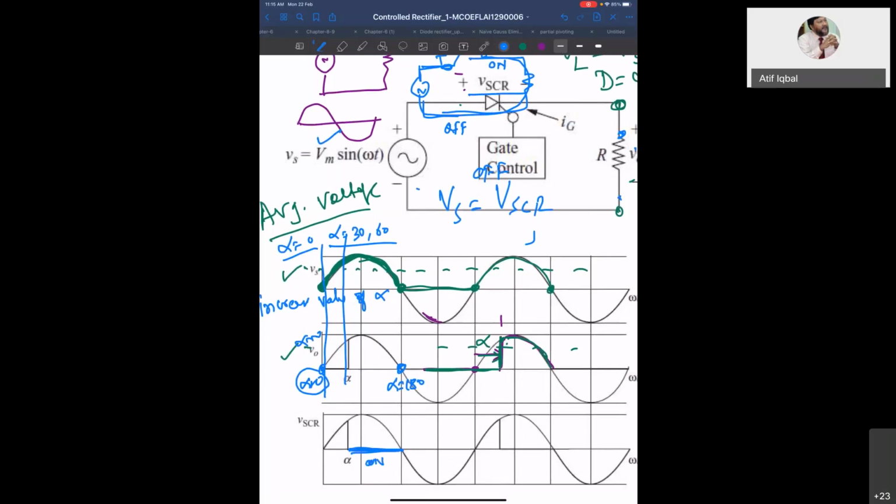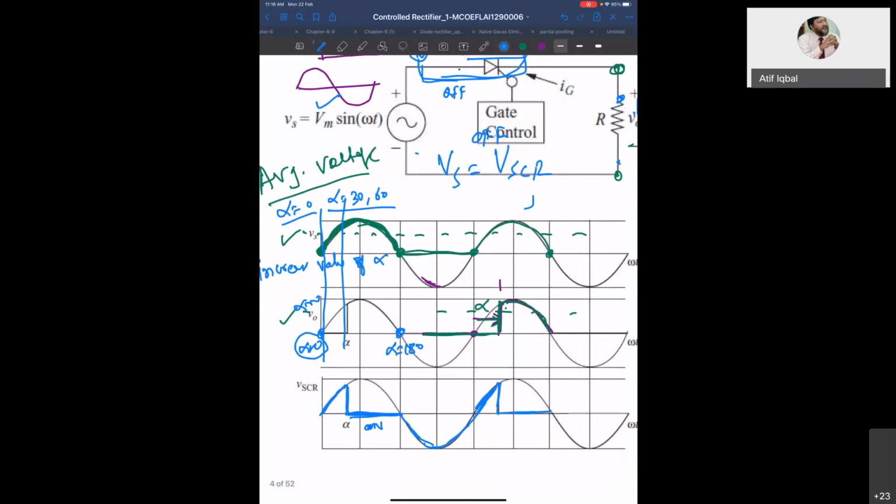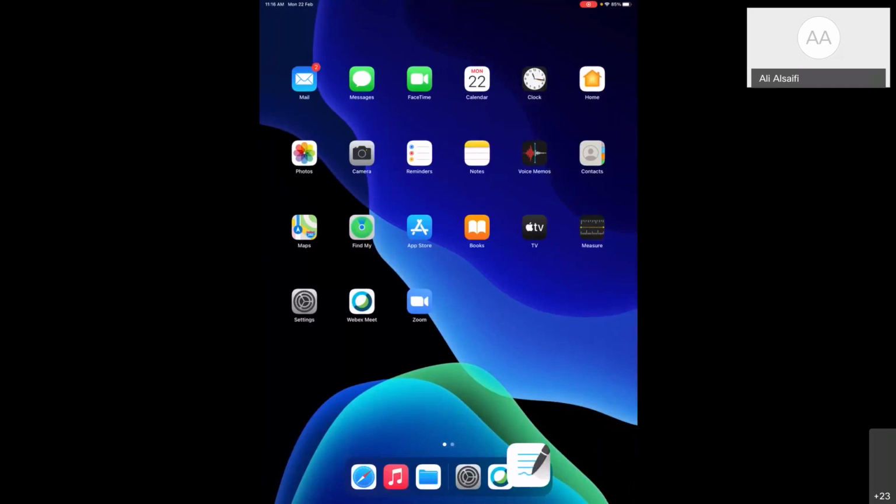And what happens when it is off? The same as the source voltage. Do you understand this? Yes, doctor.